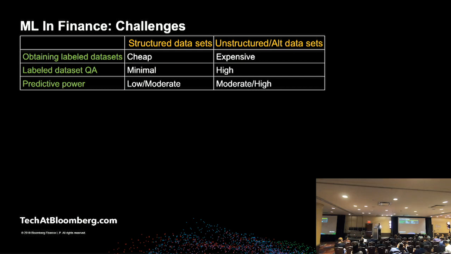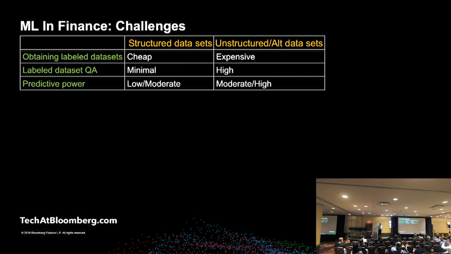Let's now talk about some of the challenges we face when applying machine learning in finance. Since most of the tasks are supervised machine learning, the first step is to get labeled datasets. In models with financial time series, this process is easy because the labels are most often based on future prices or future returns. So they're very easy to build.